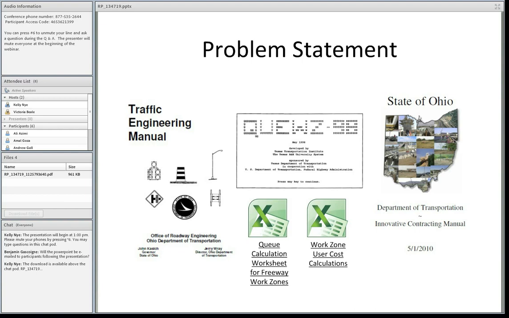So the scope of this project was to basically look at QUEWZ and these two spreadsheets and then develop either an enhancement or a replacement to the use of QUEWZ.